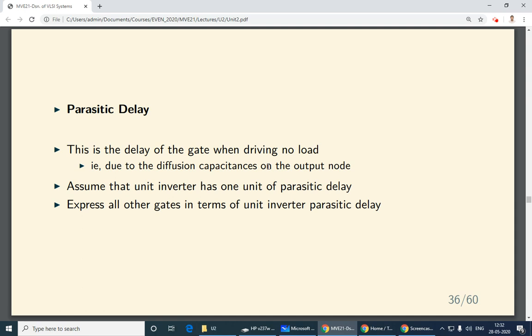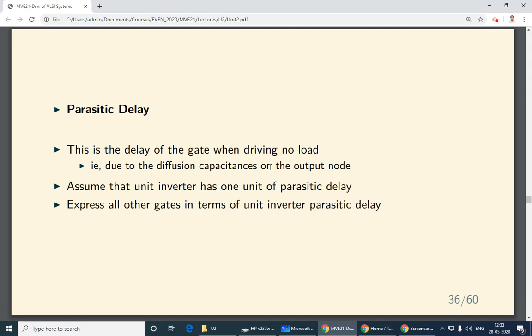Parasitic delay is due to the diffusion capacitances. And as we saw in the linear delay model and the Elmore delay model also, there we were calculating diffusion capacitance. We were putting it as part of the output capacitance or the load capacitance. Here we are going to separate it.